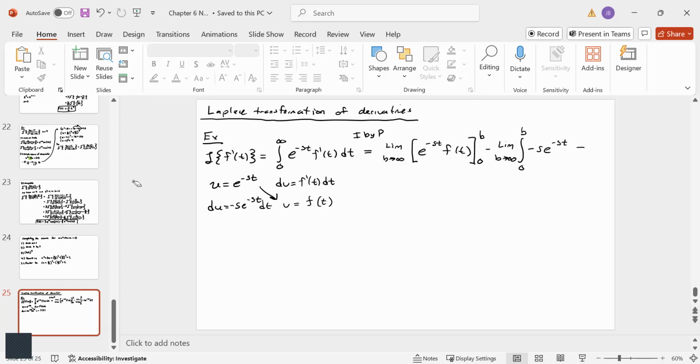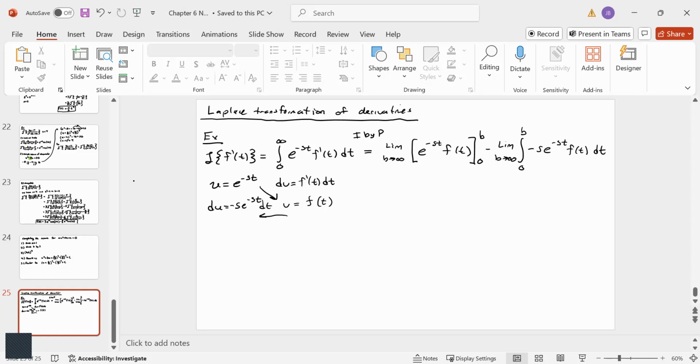Oops, I forgot f of t. So then we're going this way. And so notice that s is not the variable you're integrating with respect to. What that means is you can treat it like a constant.